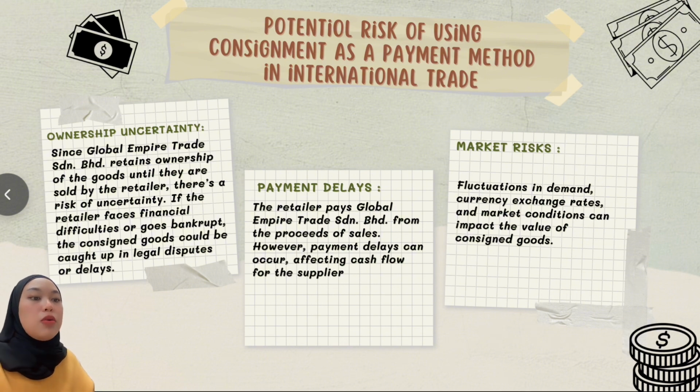Second is payment delays. The retailer pays Global Empire Trade Syndrome Berhad from the proceeds of sales. However, payment delays can occur, affecting cash flow for the supplier. Lastly is market risks. Fluctuations in demand, currency exchange rates, and market conditions can impact the value of consigned goods.